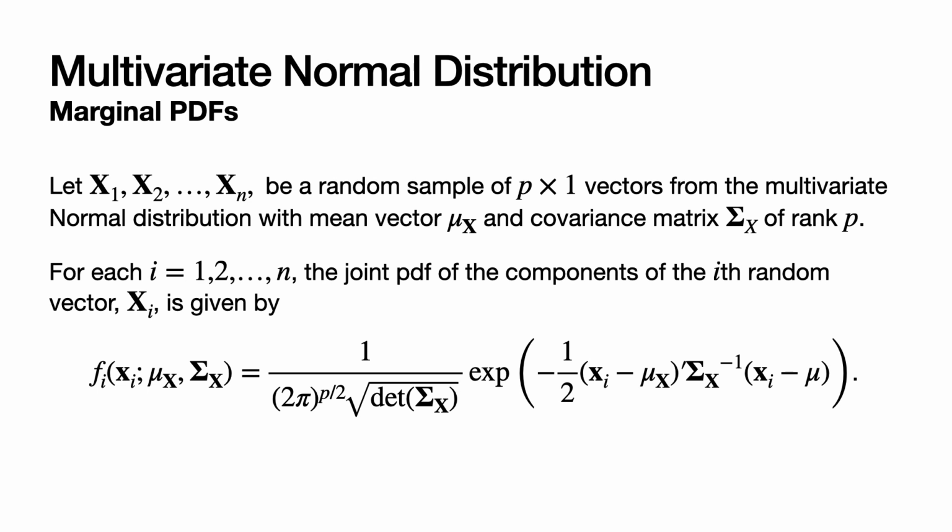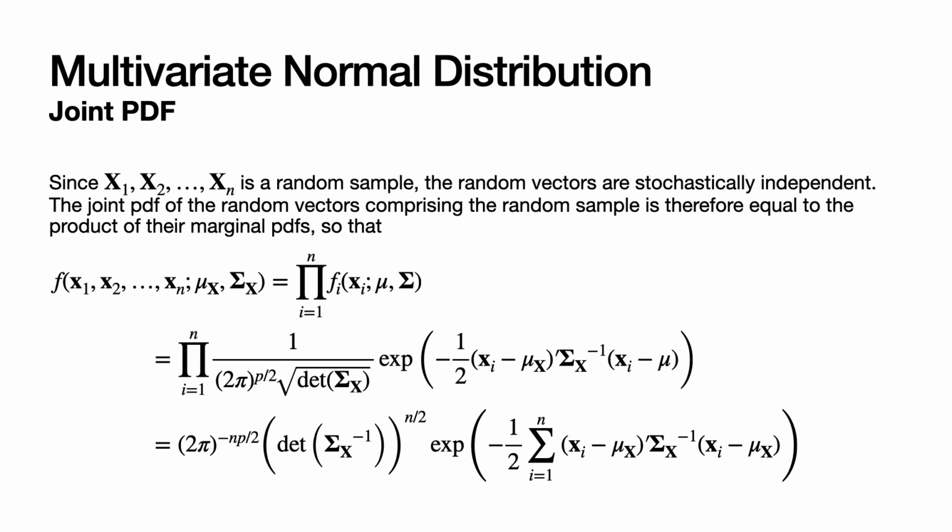That quantity times the exponential function evaluated at negative 1/2 times this quadratic form: the transpose of x sub i minus mu sub x, pre-multiplied against the inverse of the covariance matrix, which is then post-multiplied by x sub i minus mu.